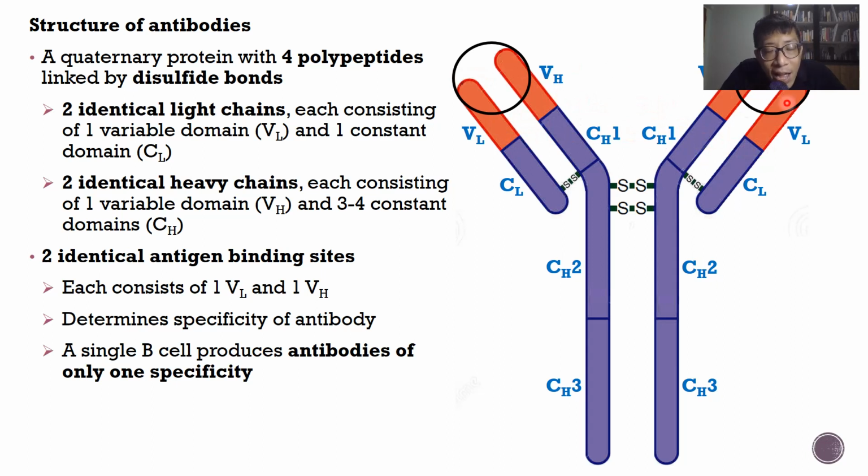Okay, so the antigen binding sites would be the binding sites for the antigen, obviously. And as we have looked at in the previous video, each of the antibodies produced by a different B cell will have a different specificity. So different antibodies will have a slightly different antigen binding site for a different epitope.